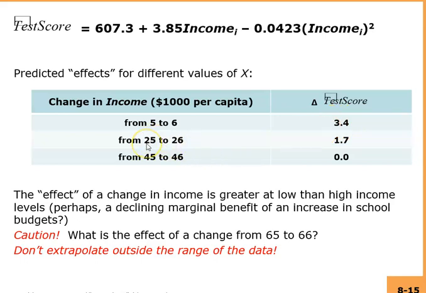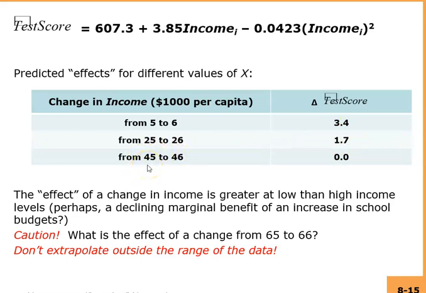When the income changes from $25,000 per capita to $26,000 per capita, the change in test score will be only 1.7 points. You can simply follow the same kind of logic that we did for 5 to 6 in the previous slide, plug in the numbers 25 and 26 in the two functions and then subtract them from each other to see that the change in test score will only be 1.7.